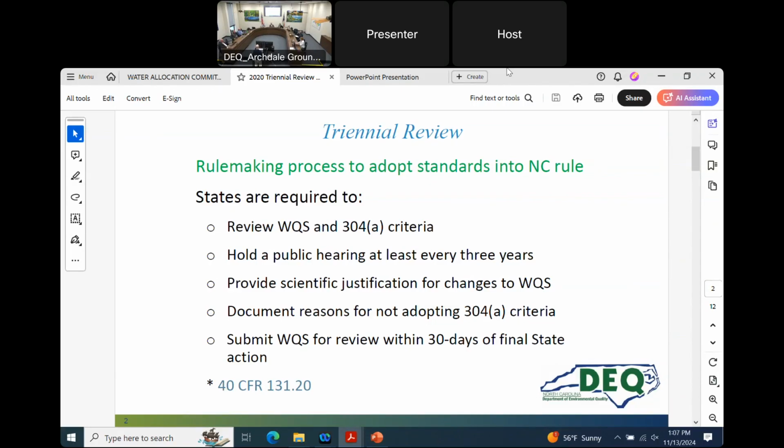You have to review water quality standards and EPA 304(a) criteria, hold public hearings at least every 3 years, provide scientific justification for changes to water quality standards, document reasons for not adopting EPA's published 304(a) criteria, and submit water quality standards for review within 30 days of final state action.